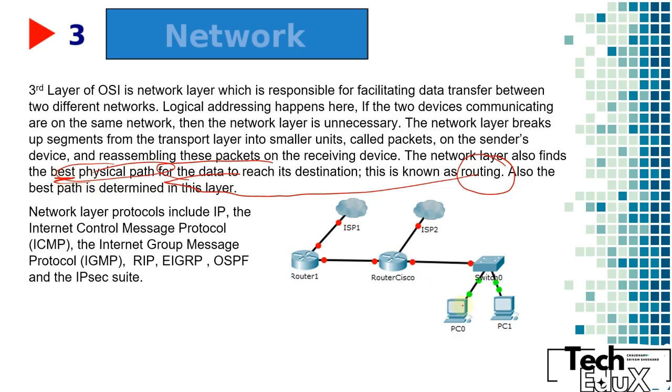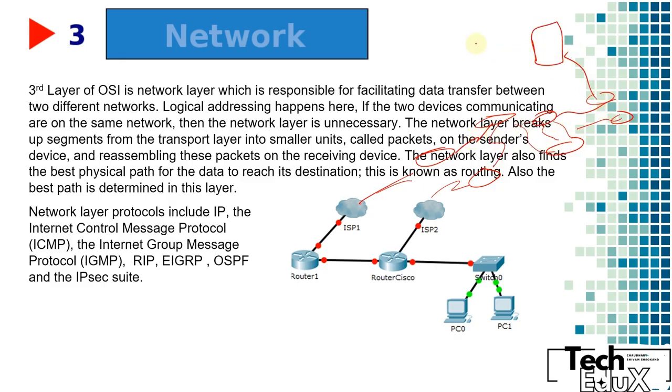For example, let's say this is ISP1, this is ISP2, and these are somehow connected with some other routers. They are connected with each other. And this is the server of Job Skill Share. And this PC wants to communicate with this server. So the user will type www.jobskillshare.org.